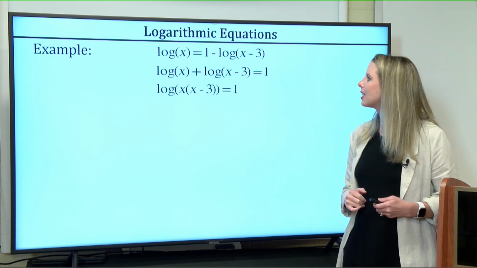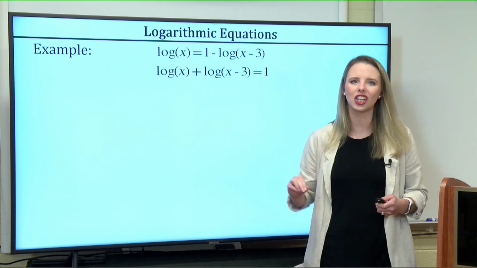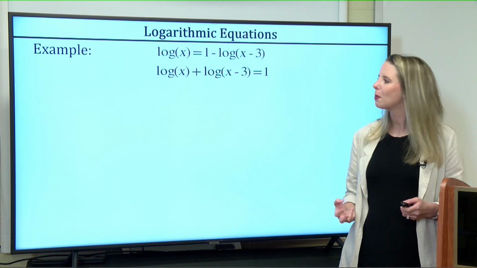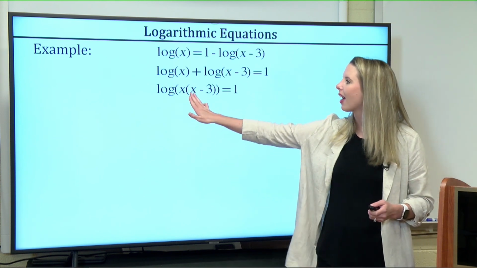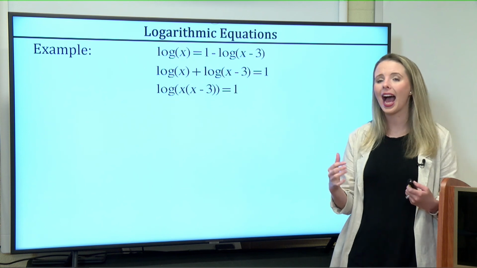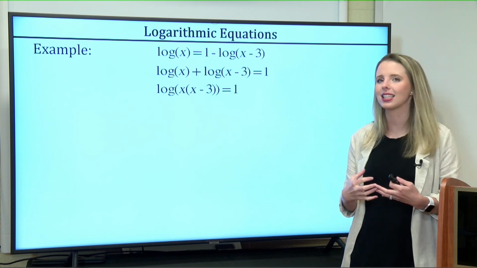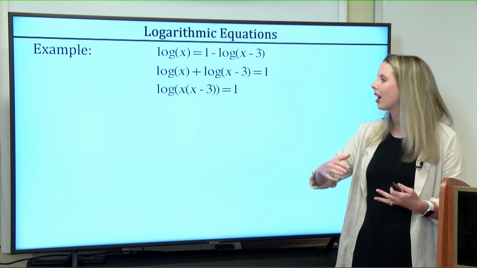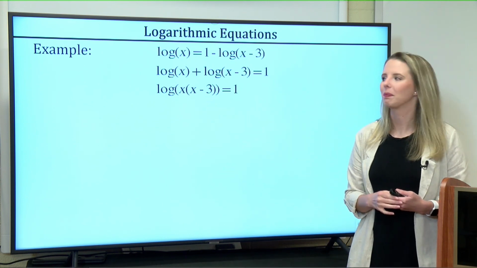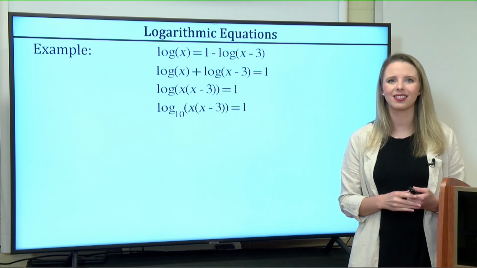Let's use our properties of logs, and we know that addition translates to what operation? Multiplication. So we can say log of x times x minus 3. Now, we have our log completely isolated. It's down to 1 log, so now we can convert. What was the base of this logarithm? 10, right?